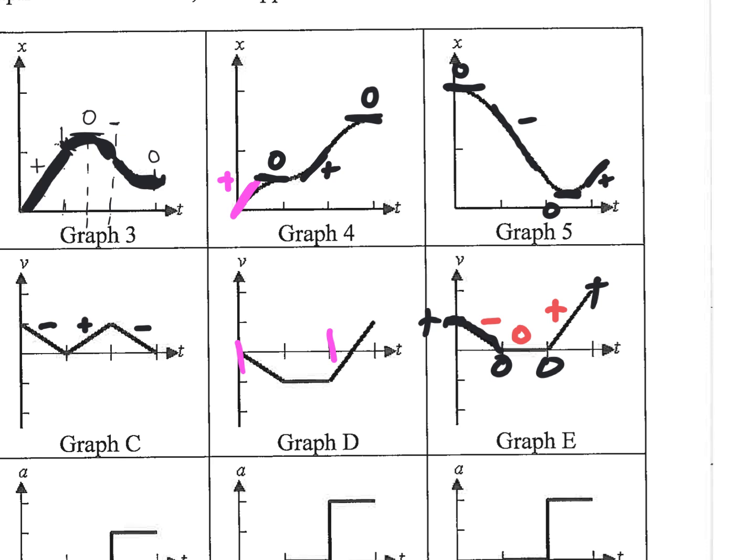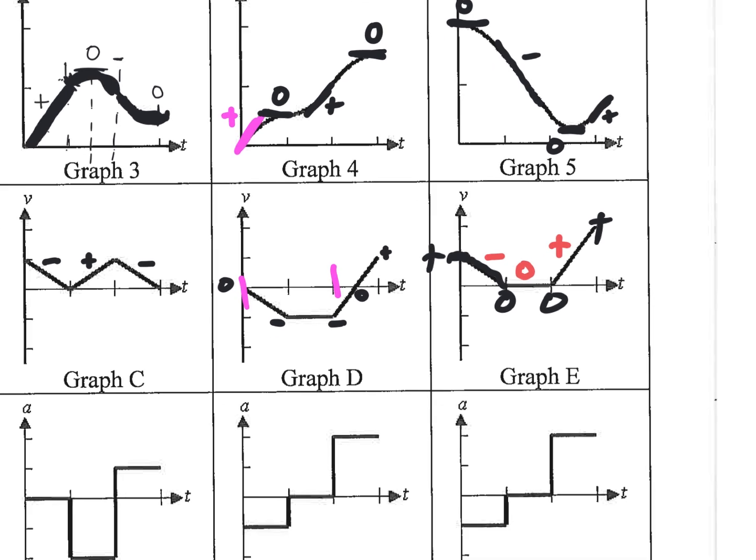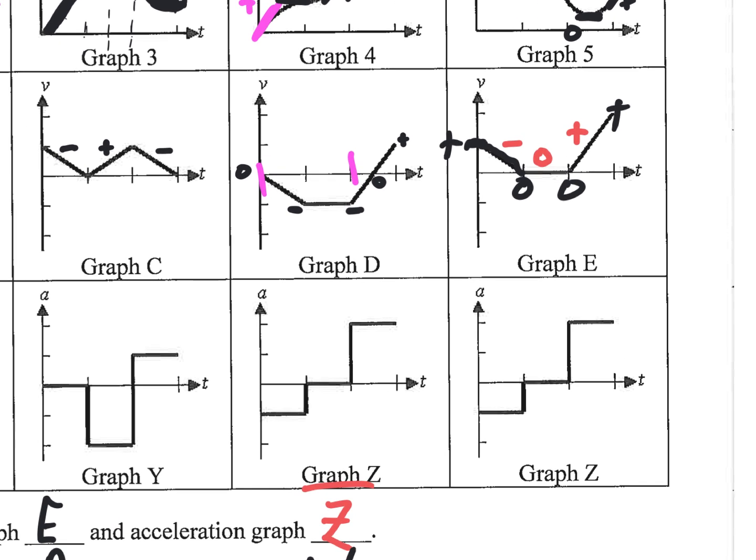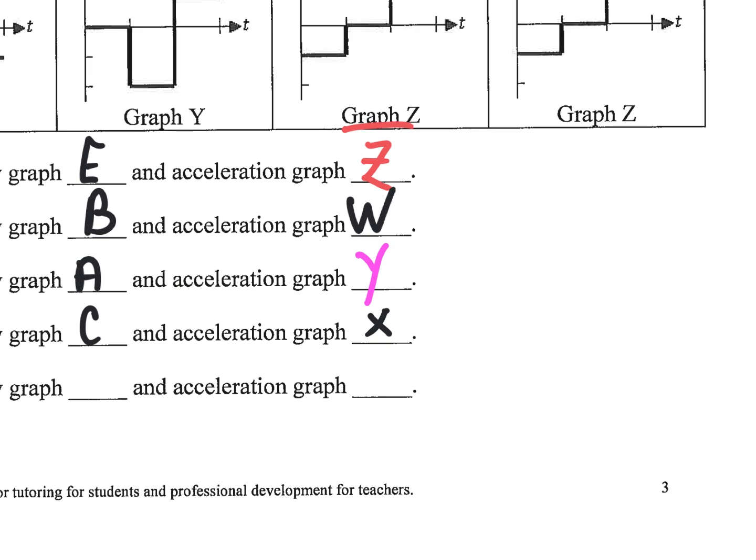That's what this is, isn't it? Starts at 0, goes to a negative, stays at a negative, goes to 0, and then goes positive, doesn't it? That matches. So now, what are my slopes here? A long line of positive. 0, positive. That would be graph what? Z. So Z was used again.